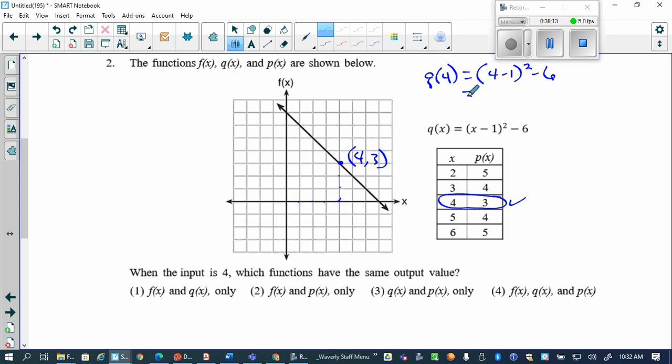So you guys tell me. Hopefully we end up getting there. All right, so this one's also 4 comma 3, right?